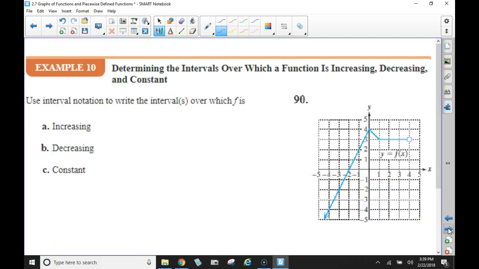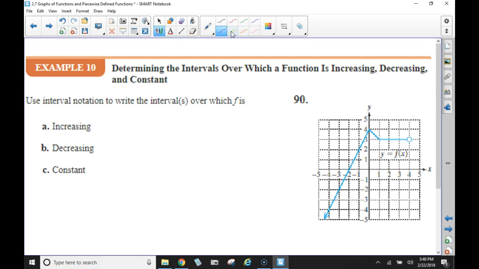Okay? So it says use interval notation. That's what the parentheses and the brackets and all that stuff are for, to write the intervals over which this picture of this function is increasing, decreasing, or constant.